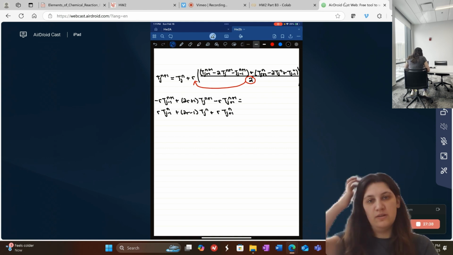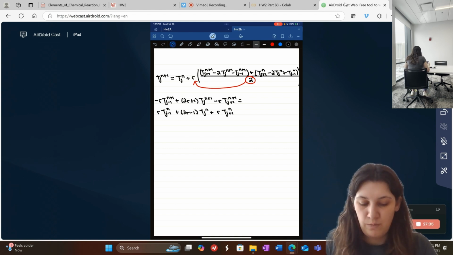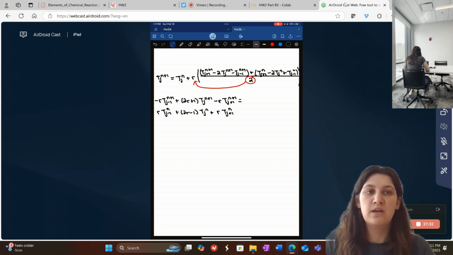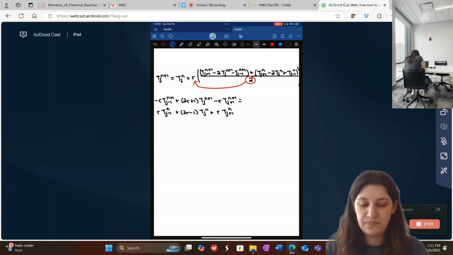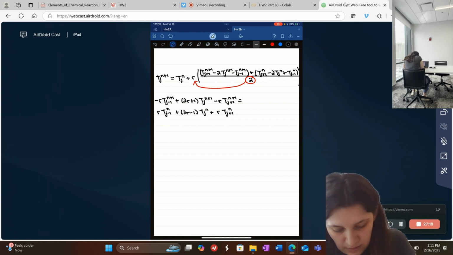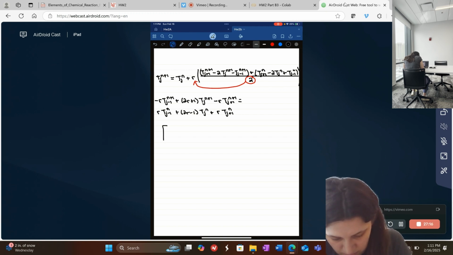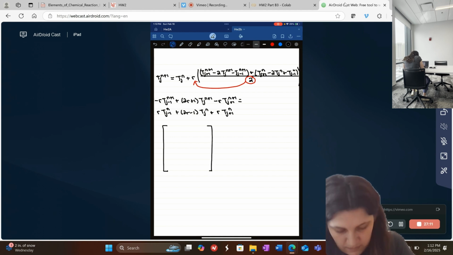Now to do this for 100 temperatures or many temperatures, however many you want really, you're going to have a lot of terms, you're going to have a lot of unknowns, so the best way to solve for this is to put this into matrix form. So to start, we're going to have our matrix of positions, J1, J2, J3, all the way down.